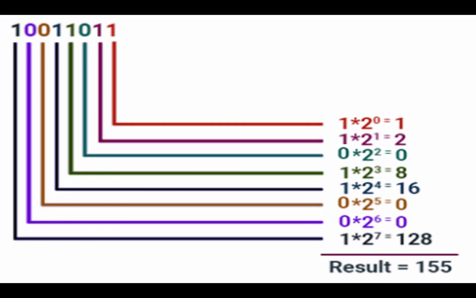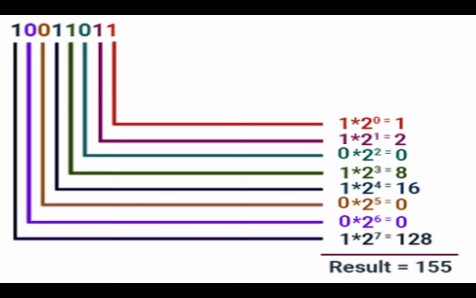Then 1 times 2 power 1 is 2. Then there is 0. 0 times 2 squared is 0. Going leftwards, there is 1. 1 times 2 cubed is 8. Then another 1. 1 times 2 power 4 equals 16.